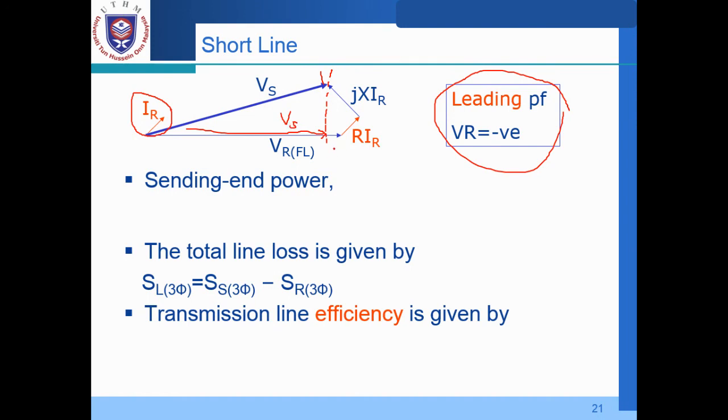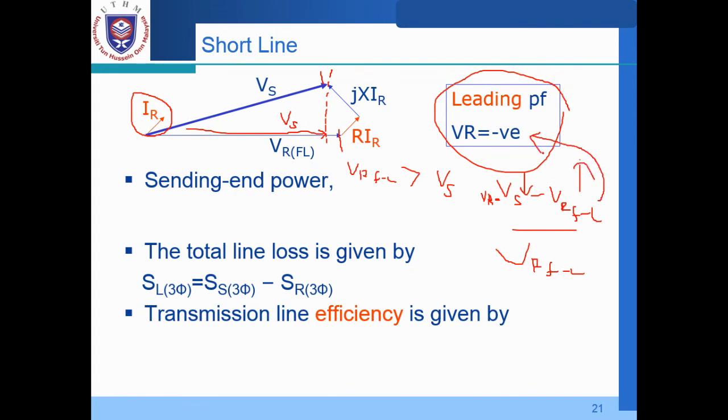Here is VR, VR full load, which is of course bigger than VS. So in the VR equation, VS minus VR full load over VR full load is negative, which produces a negative voltage regulation.